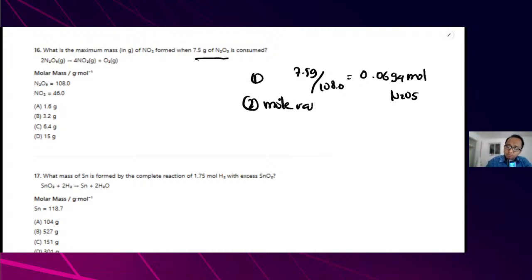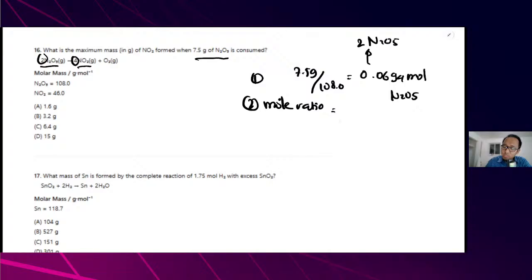From the balanced equation, as you can see, N2O5 has a coefficient of 2, while NO2 has 4.